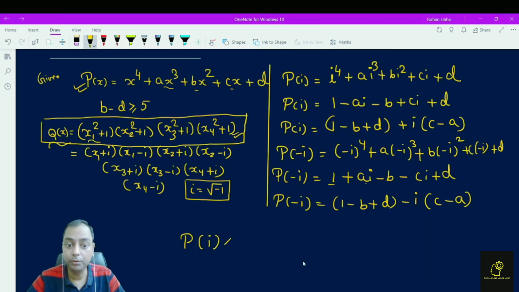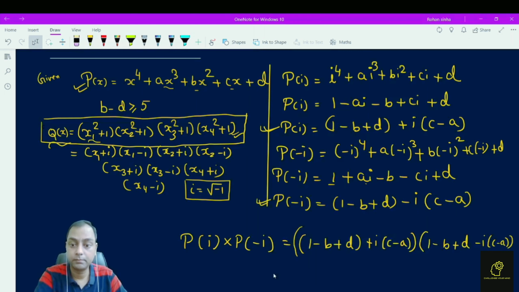Now what about P(i) into P(minus i)? Simply multiplying this term and this term, we find this is (1 minus b plus d + i(c minus a))(1 minus b plus d minus i(c minus a)). This is of the form (a plus b)(a minus b).